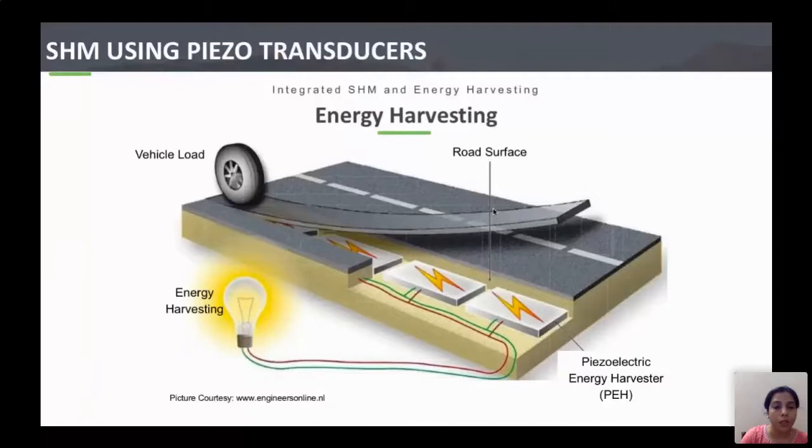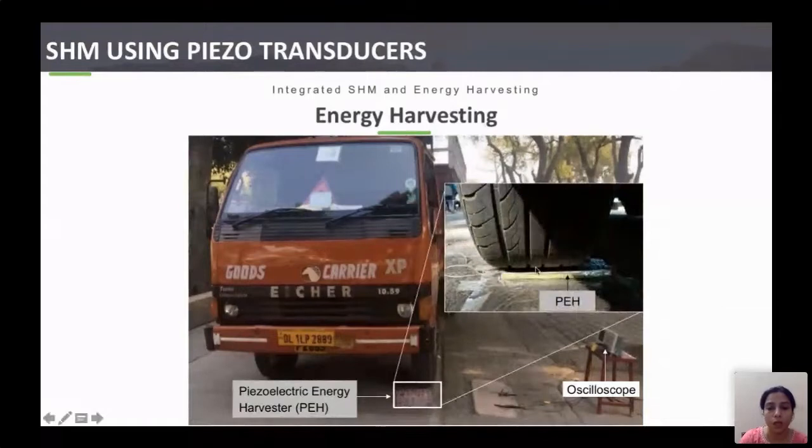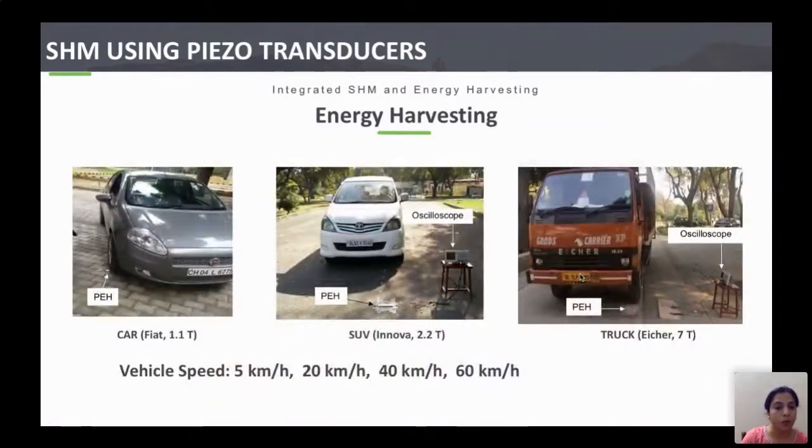Energy harvesting plates are planned to be bonded inside the road surface on which the vehicle load will be applied, and the energy will be harvested. We did some experiments at CRRI. This is how the piezoelectric energy harvester plate was attached on the road surface and vehicle load was applied on it. Different types of loads were applied: a car weighing around 1 ton, then an SUV which was heavier than that, then a truck of around 7 tons.